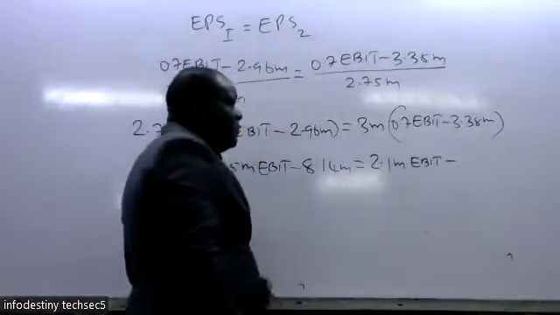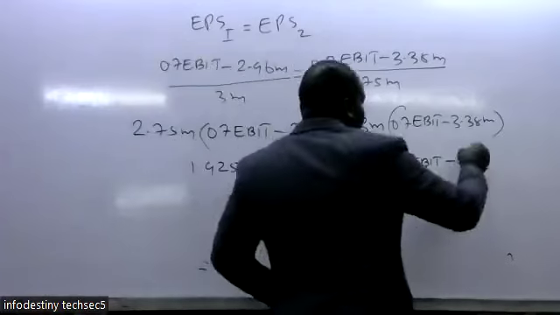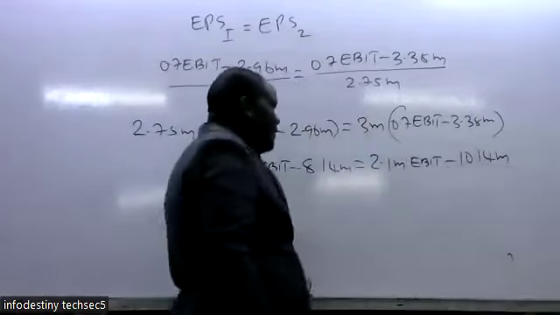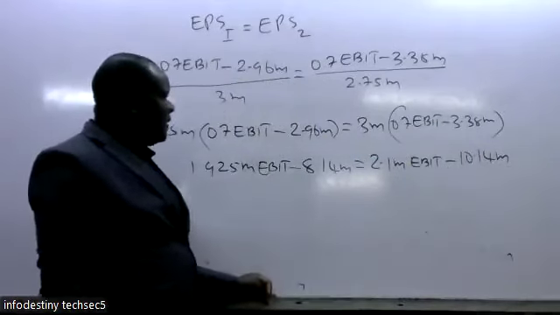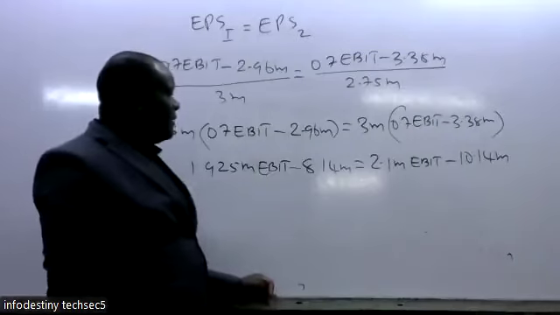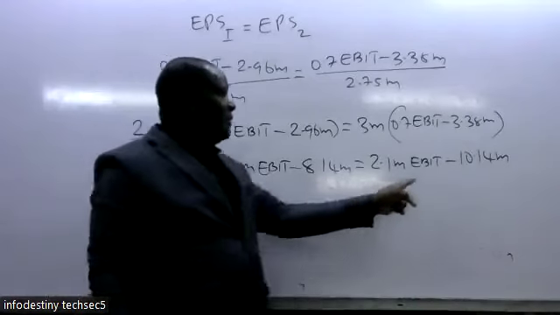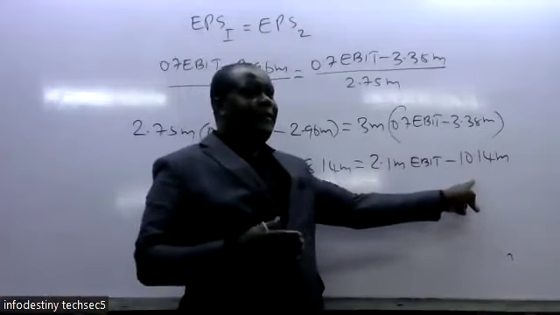And the other one should be which one? So you want to make the earnings before interest and tax the subject. Because this one is smaller than this, I should have positive figures.